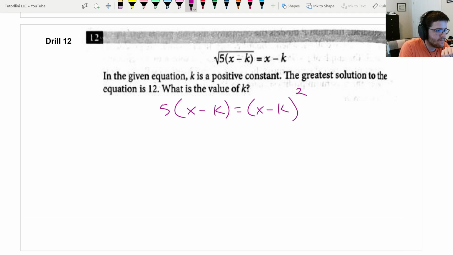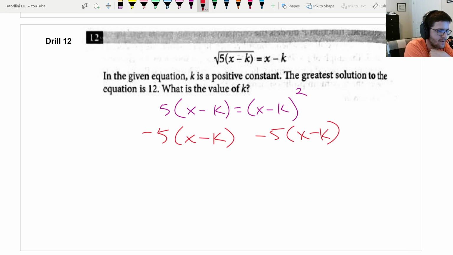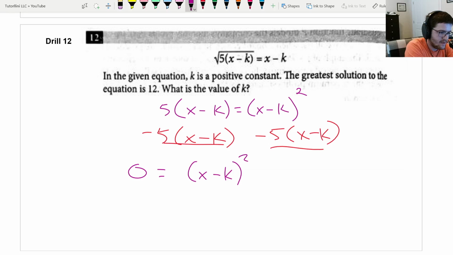And I'm kind of tempted to just leave this as a quadratic. I'm going to subtract 5 times x minus k from both sides. I get 0 equals x minus k squared.